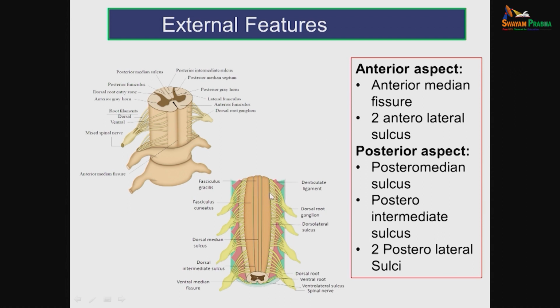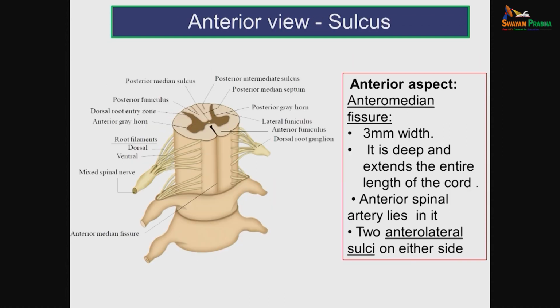On the posterior aspect, you see a posterior median sulcus, two posterior intermediate sulci and two posterolateral sulci. So, in the anterior and posterior views of the cord, you have various fissures and sulci. We will be discussing the details of these.